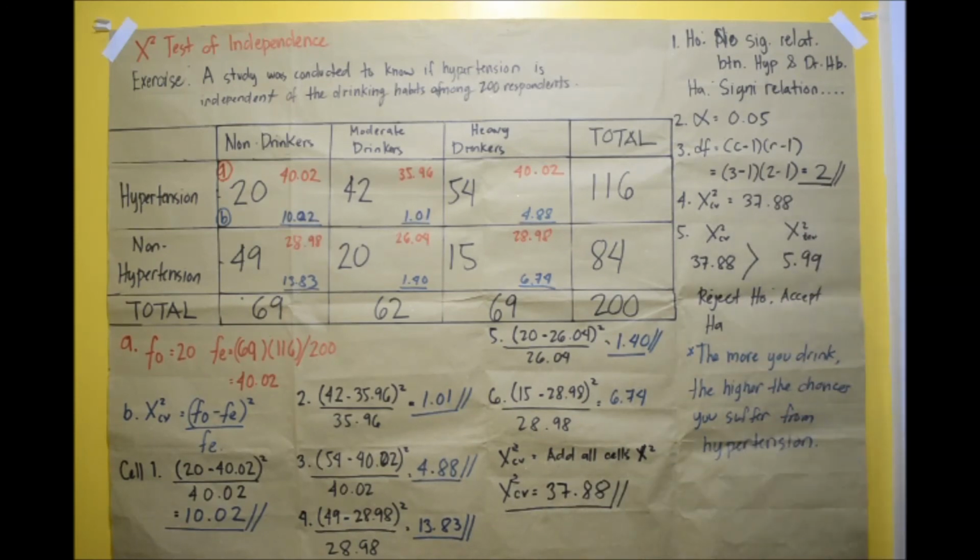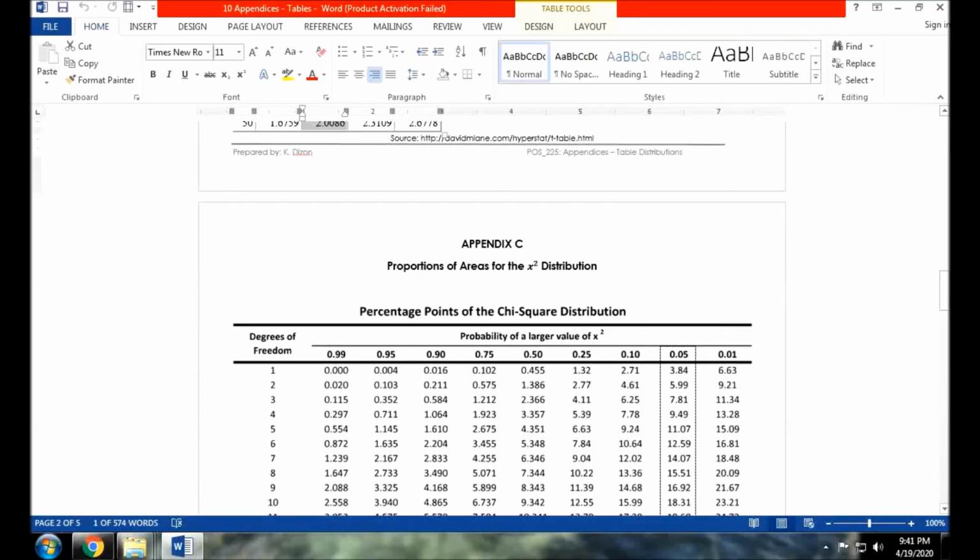Now we need to find the tabulated value of the chi-square. I'll be inserting a video.